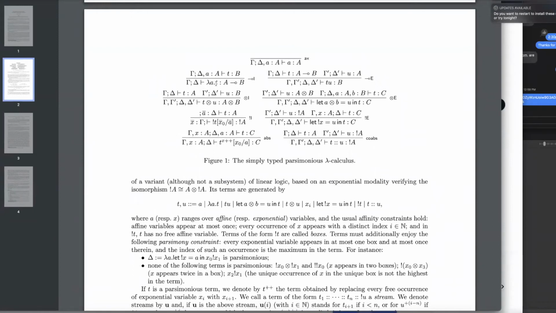And so the elimination of the lollipop is just application, right?